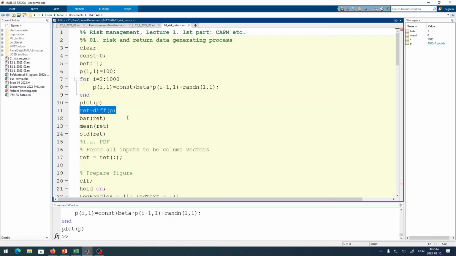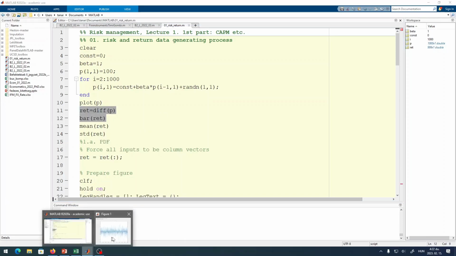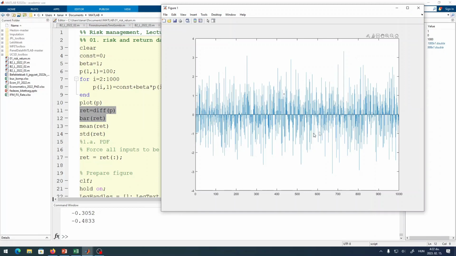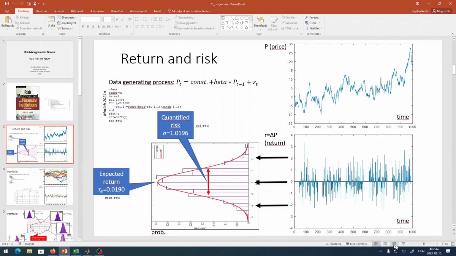And of course, we are not operating at the level of prices, so we have to take the differentials to organize everything around 0. And then we have our usual returns, and these returns have the usual behavior.